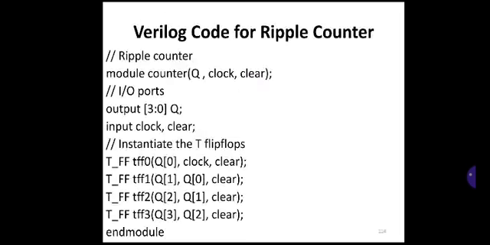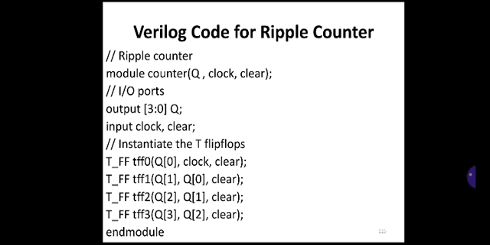Next, this is the Verilog code for the 4-bit ripple counter. From the diagrams we have discussed, we write the corresponding Verilog HDL program in a top-down fashion. First we are going to design the module counter.